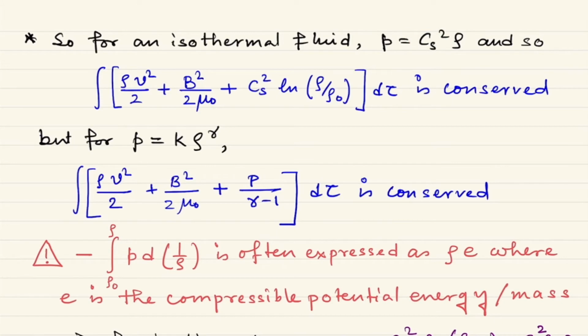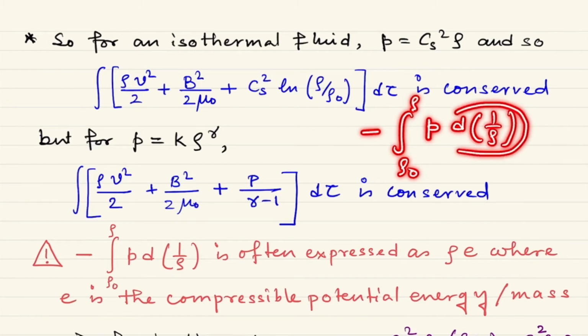So P is equal to Cs square rho. For that case, this one is the kinetic energy density, this one is the magnetic energy density. Now we have to do minus integration from rho 0 to rho of P d of 1 by rho, and d of 1 by rho is nothing but minus d rho by rho square.